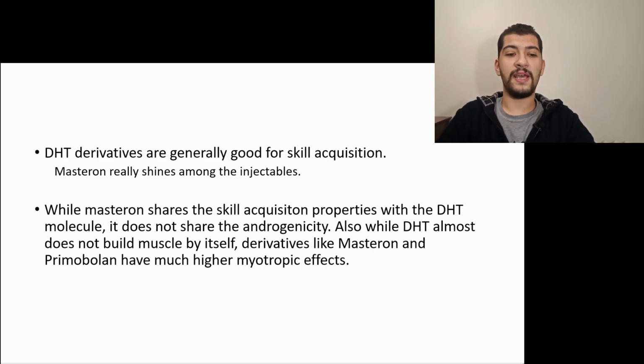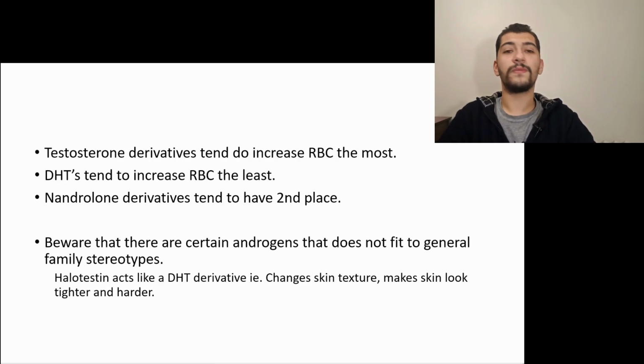Also, while DHT almost does not build muscle by itself, the derivatives like Masteron and Primobolan have much higher myotropic effects. So, if we classify the androgens very simply, even for a fourth grader to understand, we can classify them like that.